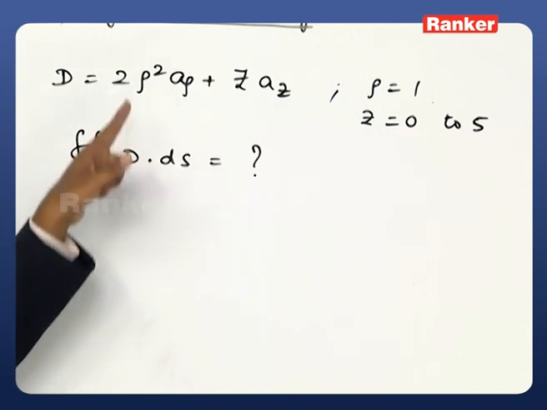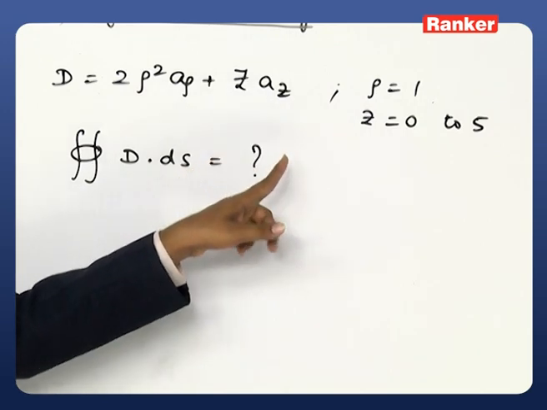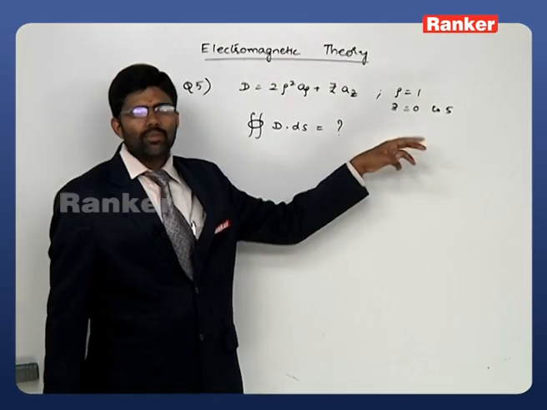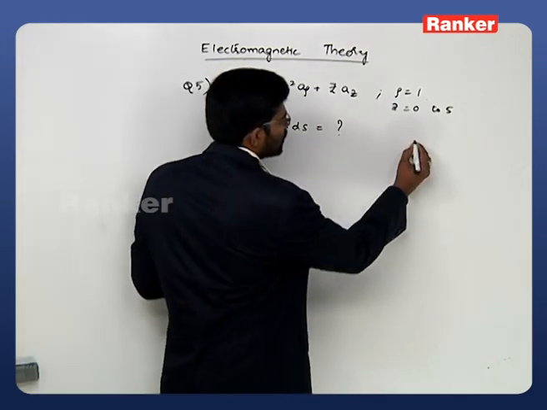So we will represent a pictorial representation of our cylinder. As I said, this is a cylindrical coordinate system. Since ρ and z are presented, we need to take this in our cylindrical coordinate system. So for our convenience, draw a cylinder.